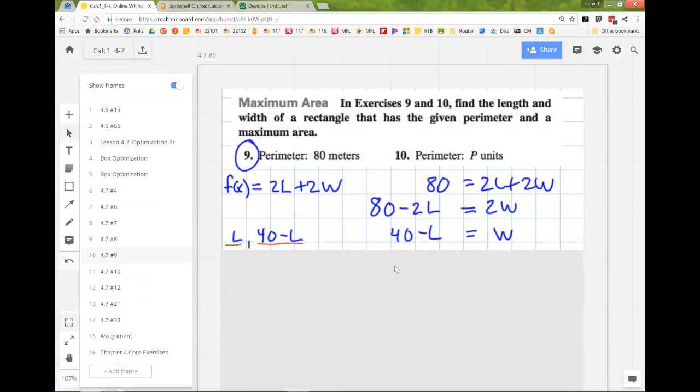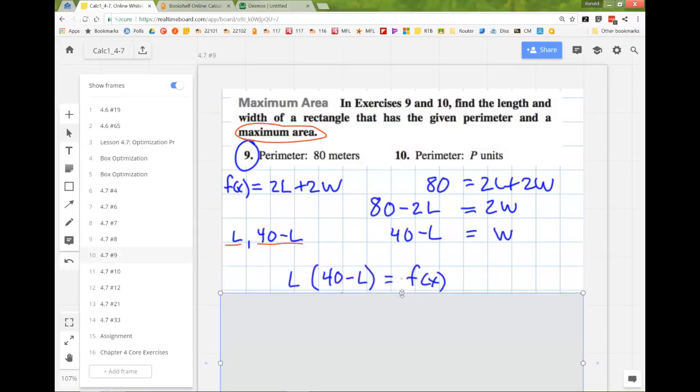So now the rest of it, if you look up to the top here, is an area problem. How do you find the area of a rectangle? Length times width. So we need to set up the product of those two, multiply them, and that's basically our area.